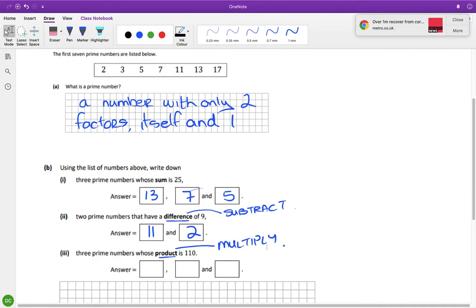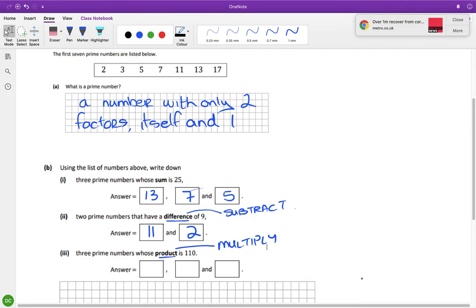Right, 2 times 3 times 5 is too small. 2 times 3 times 7 is too small. 2 times 3 times 11 is too small. 2 times 3 times 13, 2 times 3 times 17, no. So 3 by 5 by 7. Close. 3 by 5 by 11.